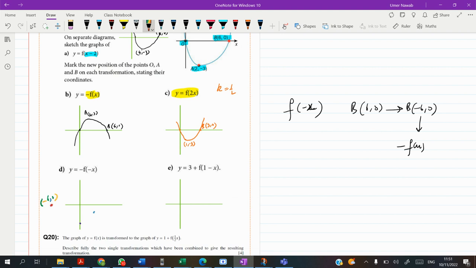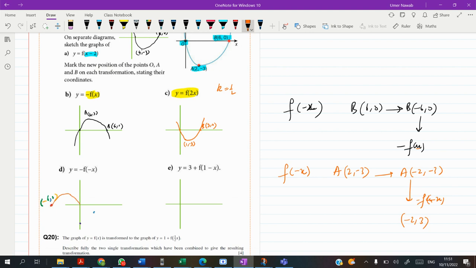And then I have another point. When I do f of minus x with a point, which is 2, minus 3, that point changes to minus 2, minus 3. And then I do minus f of x on it. So I change the sign of, so it becomes minus 2, 3.